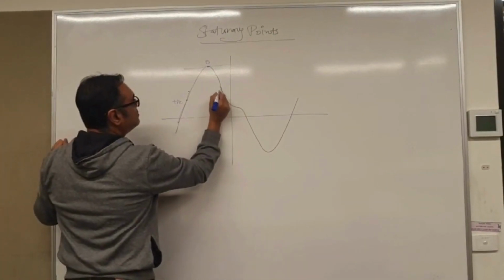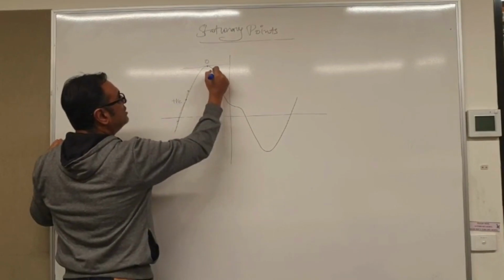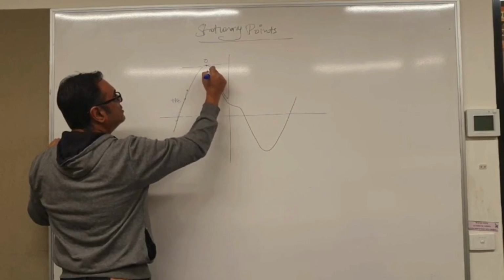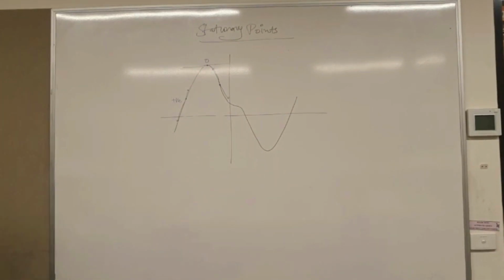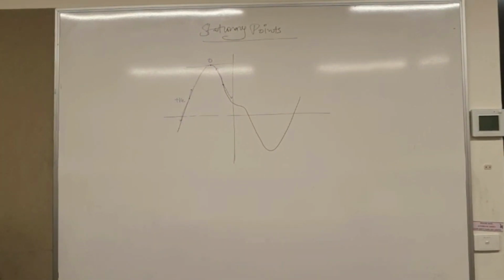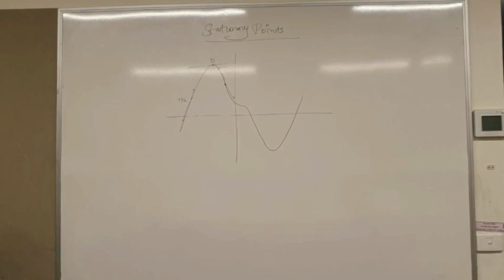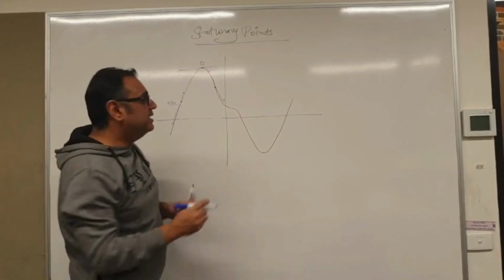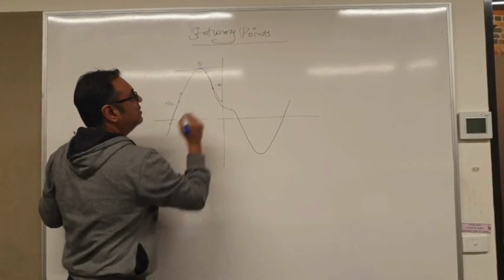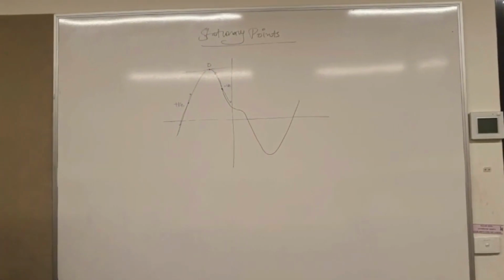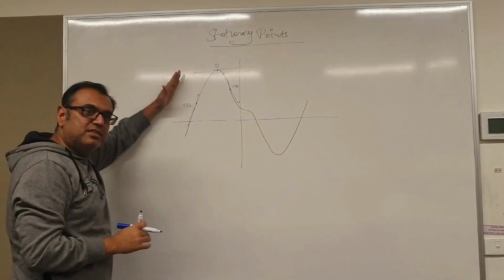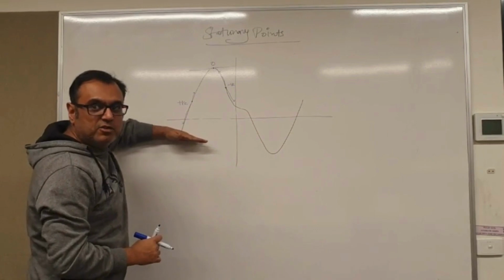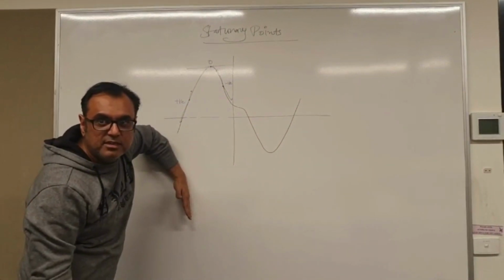Now, Ramel, if I draw a tangent here, like this, what's the slope of the tangent at this point? Positive, negative, 0. It's strictly decreasing. Negative. Yes, Ryan? Anything like this is positive, anything like this is 0, anything like this is negative.